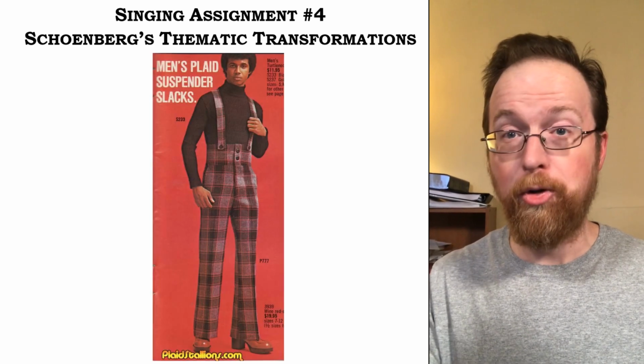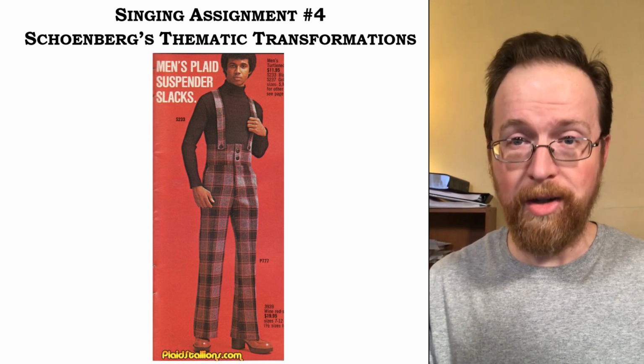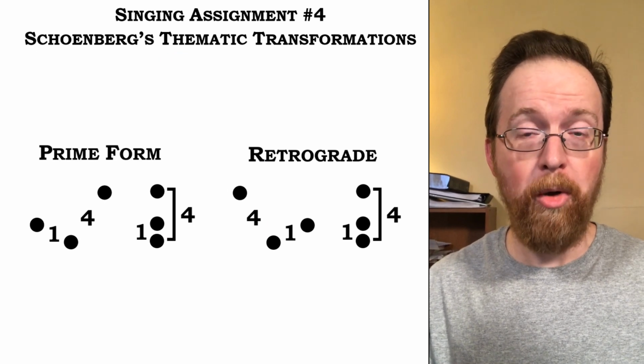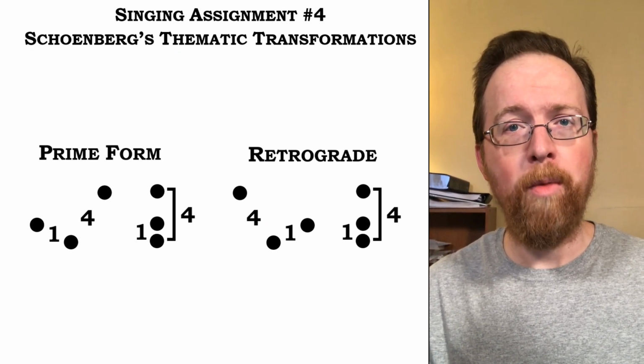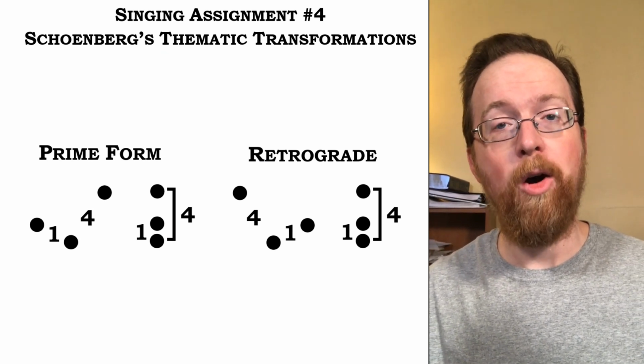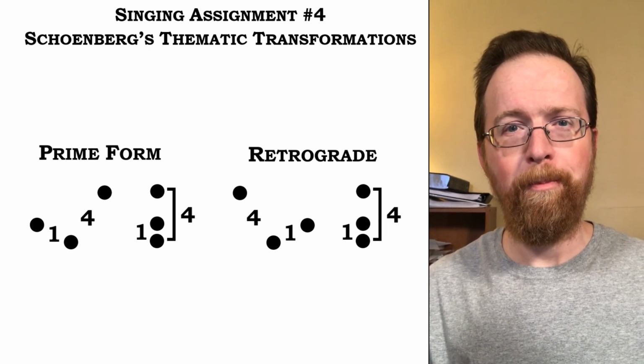If you have a retro sense of fashion, for example, you're trying to bring back clothing styles from the past. In the retrograde form of this motive, instead of the prime form going down 1 and up 4, we begin by going down 4 and then go up 1.